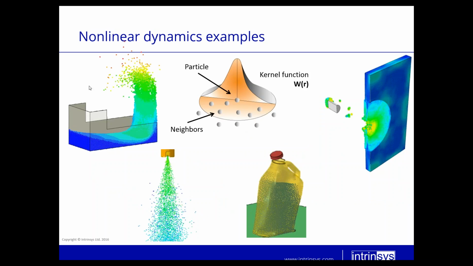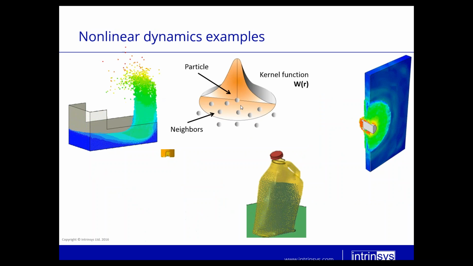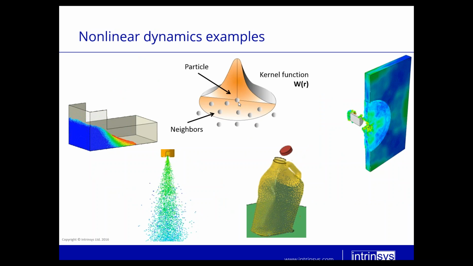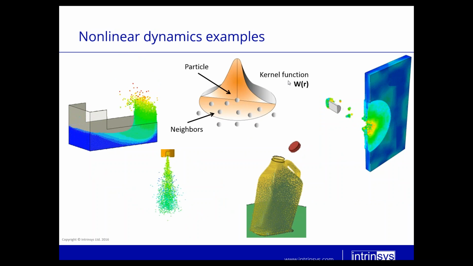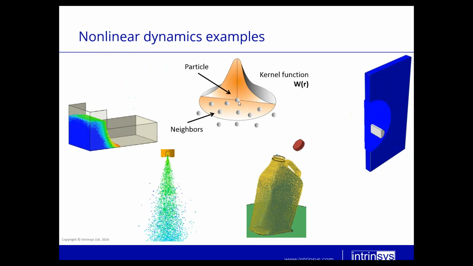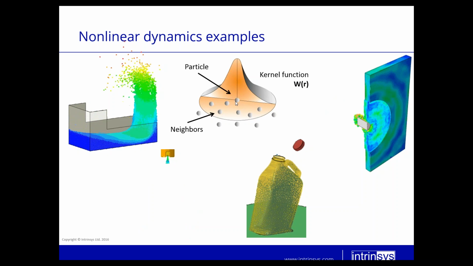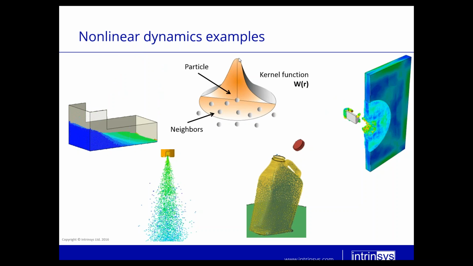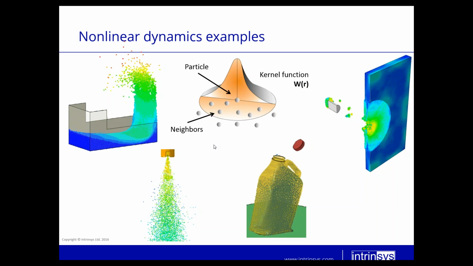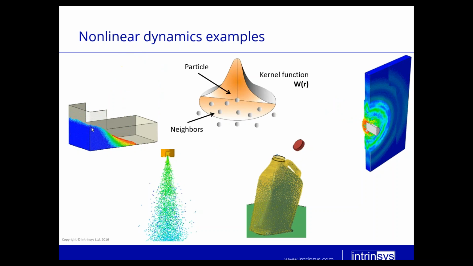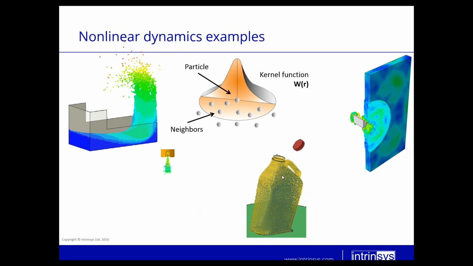Just very quickly about SPH. In this case, you model the fluid with little particles, and there's a so-called kernel function which works out the interaction between the particles based on a defined behavior and their distance from each other. So with this you can simulate sloshing water, again water.